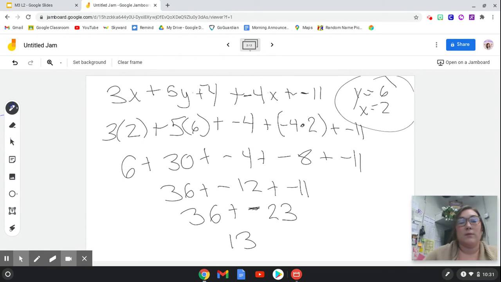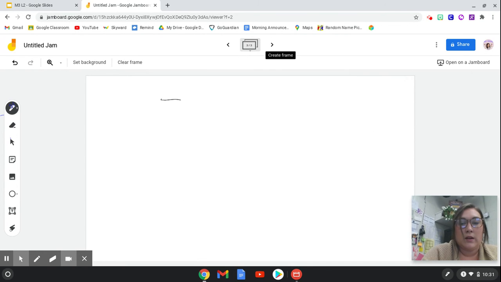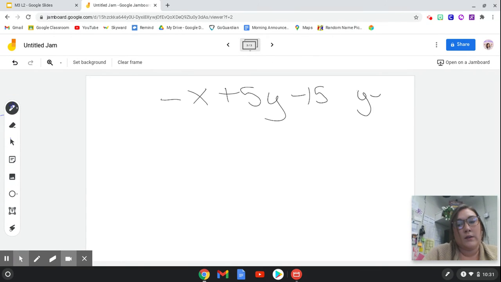Okay, now I'm going to try and solve my equivalent expression with these same variables and see if I get 13. So I have, let's see, negative x plus 5y minus 15. Y is 6, x is 2. So negative 2 plus 5 times 6 minus 15.